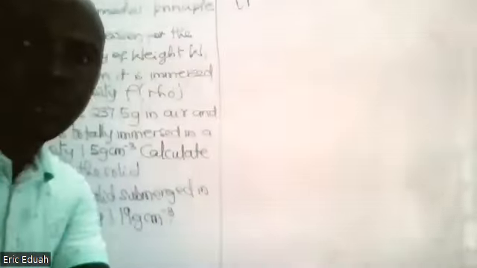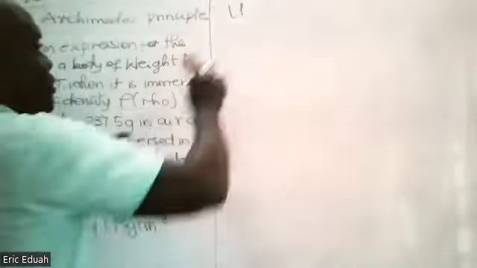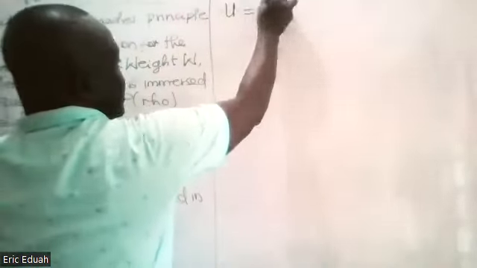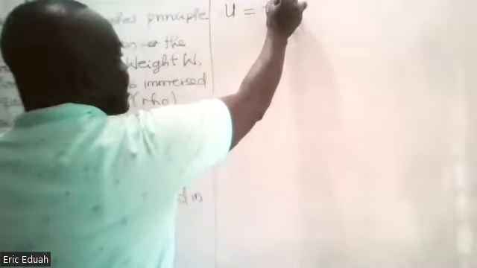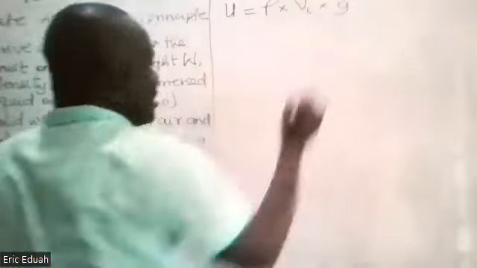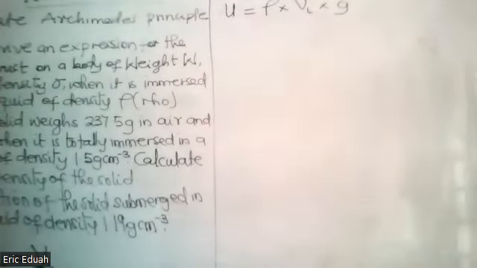Upthrust U is equal to density of liquid times volume of liquid displaced times gravity. We have V_L, so let's substitute.